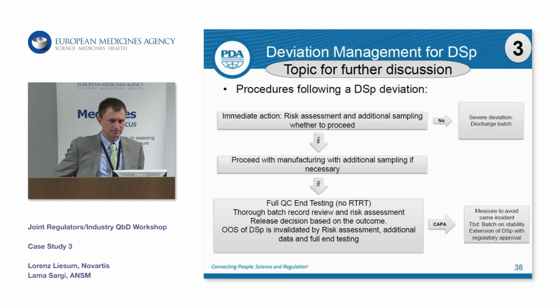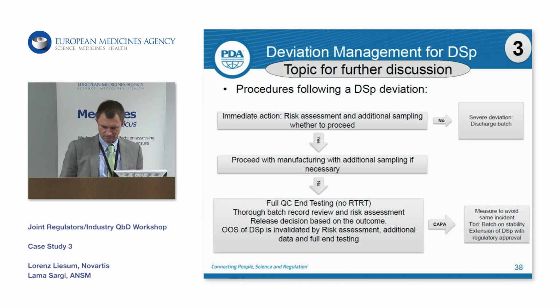The handling of a design space deviation might be a very interesting topic throughout a GMP inspection. From my point of view, it is very important that, first of all, there is a strategy defined for how to handle such a deviation.